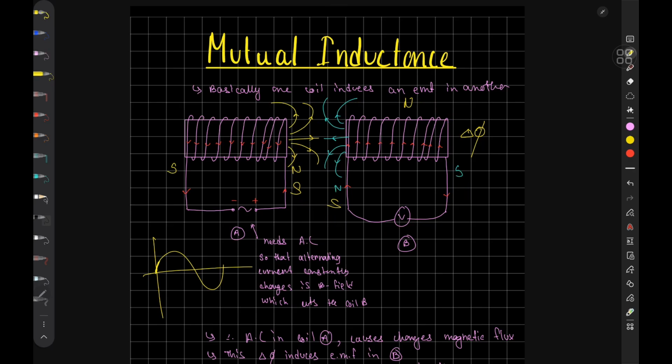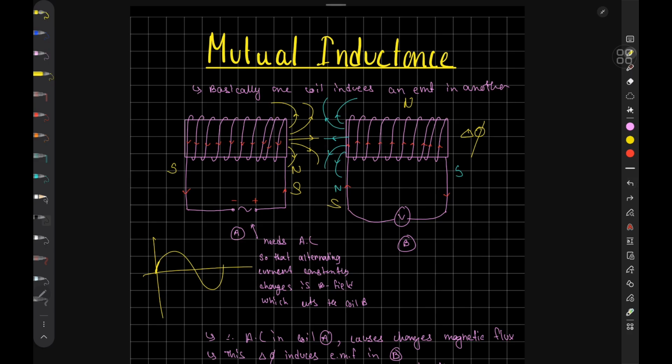Got it? So what's happening is, as the current varies, magnetic field varies, so flux through this secondary coil varies as well, and since there is a change in flux, there is an EMF induced exactly proportional to the rate of change of the flux, and the induced EMF will oppose the change of flux causing it.